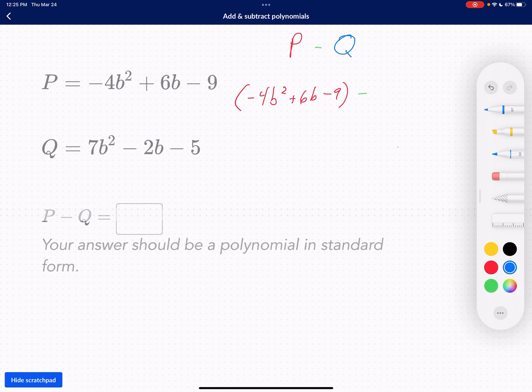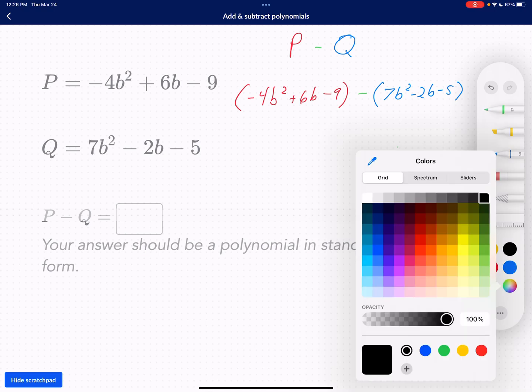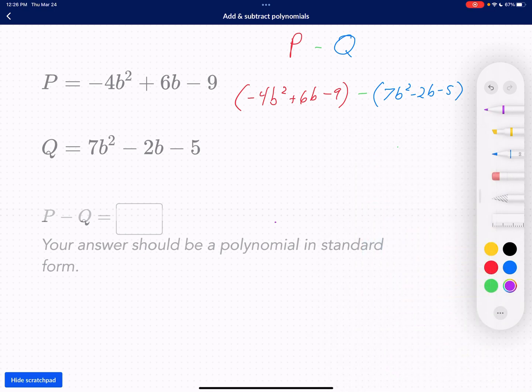And instead of writing Q, I can write what Q is equal to. And then all I have to do is simplify.